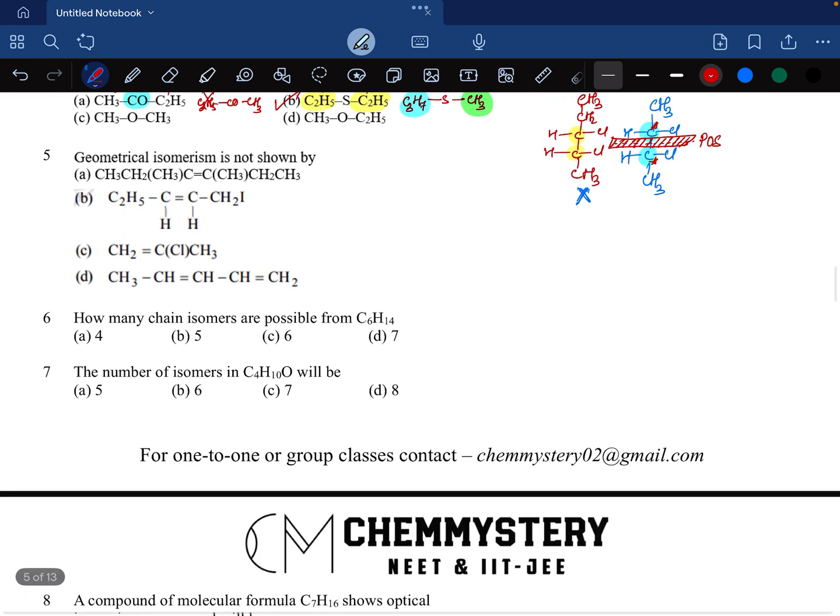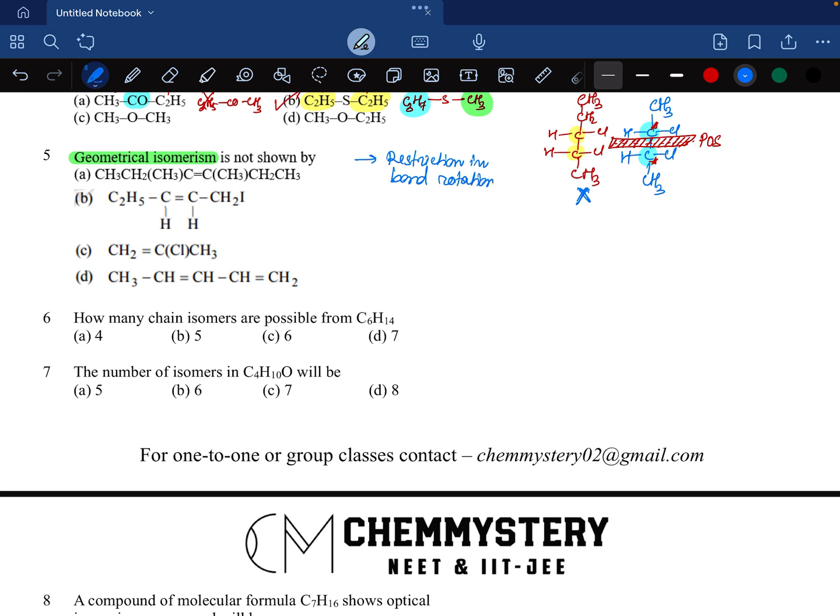Done. Next, geometrical isomerism is not shown by. What is the criteria for geometrical isomerism? My first criteria is restriction in bond rotation.